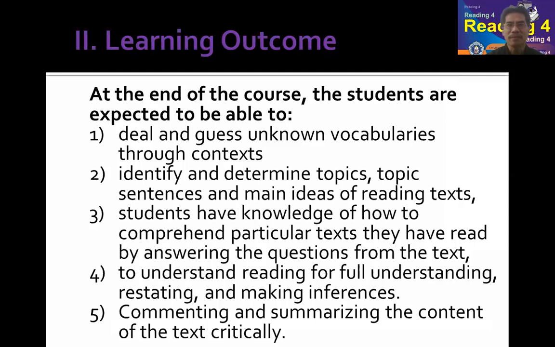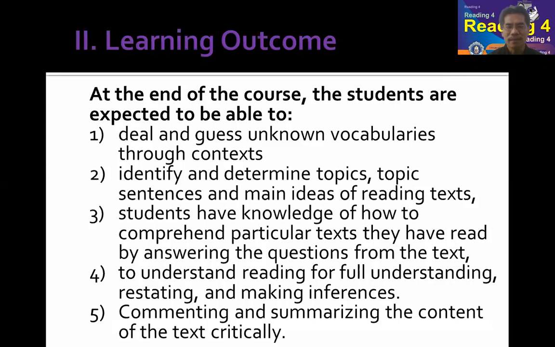This is very common for everyone, to answer some questions after having read the text or the passage. Expectation number 4 is to understand reading for full understanding, restating, and making inferences. So when you are reading, you are supposed to be able to write and to speak too.